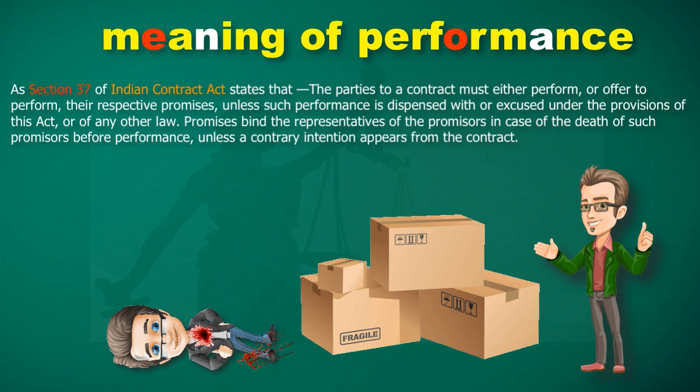The last sentence says that promises bind the representatives of the promisors in case of the death of such promisors before performance, unless a contrary intention appears from the contract. The same provision is defined through this example.